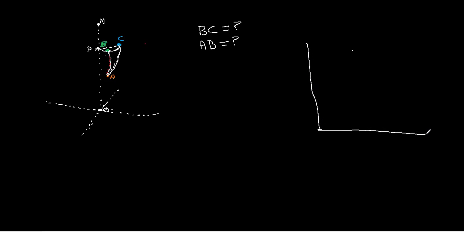We can just look at a two-dimensional graph where we have our northing going in this way, and this would be where the equator hits the Earth's surface. We'll call that point E. We'll call this point N. This is the center of our Earth, which we called O.